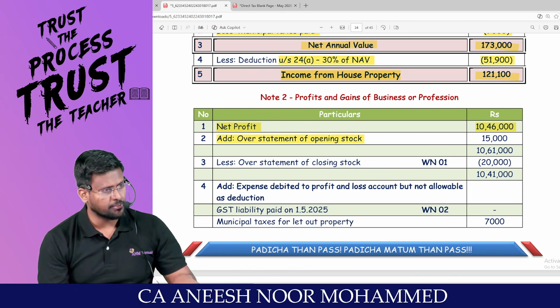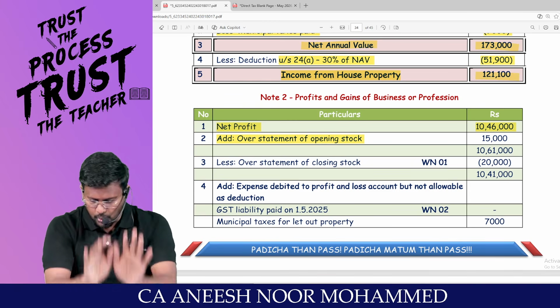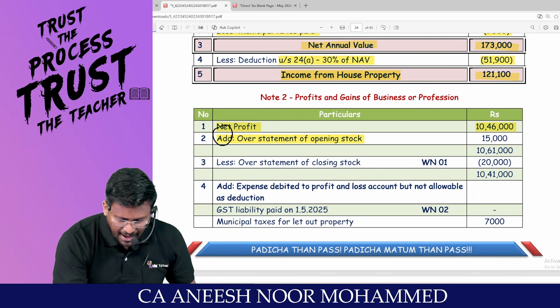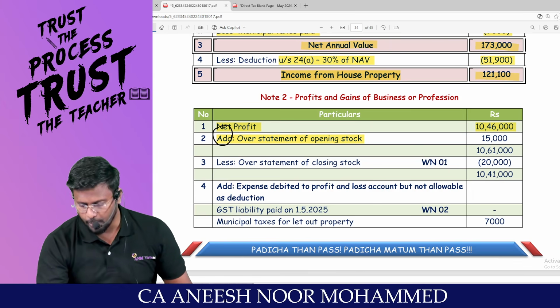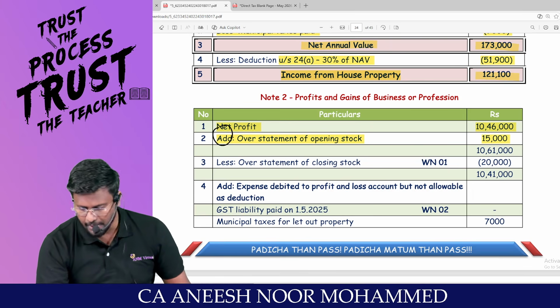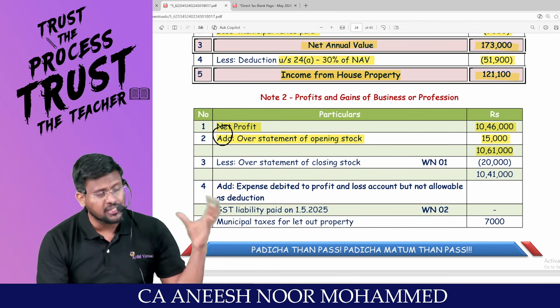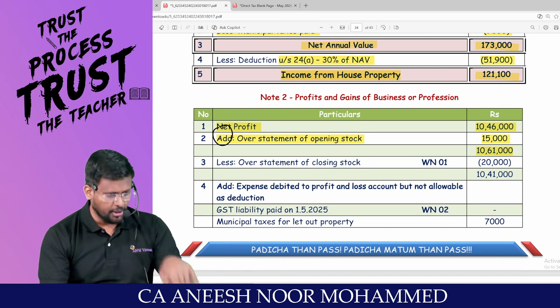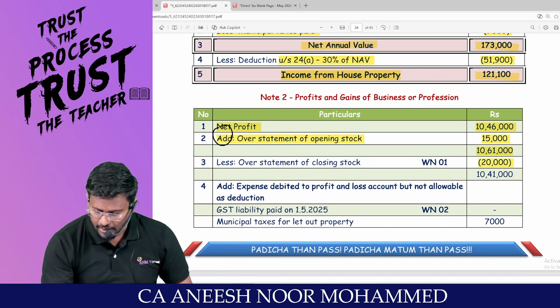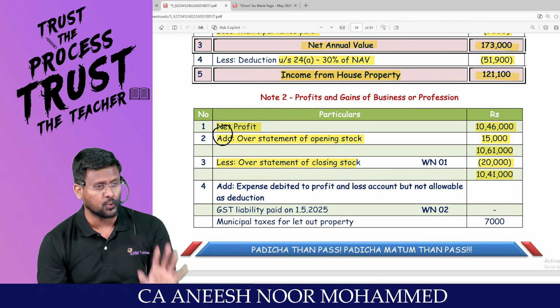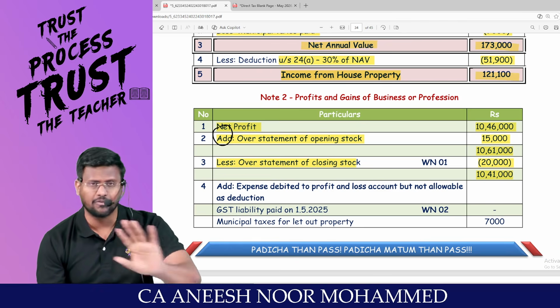Profit reduces because opening stock increases. That should not happen, should be added back. That's why add overstatement of opening stock 15,000. Am I right? Because of overstatement of closing stock, what will happen to profit? Profit reduces. That means 20,000 should be reduced. So you will be getting 10,41,000 as the correct profit after stock adjustment.